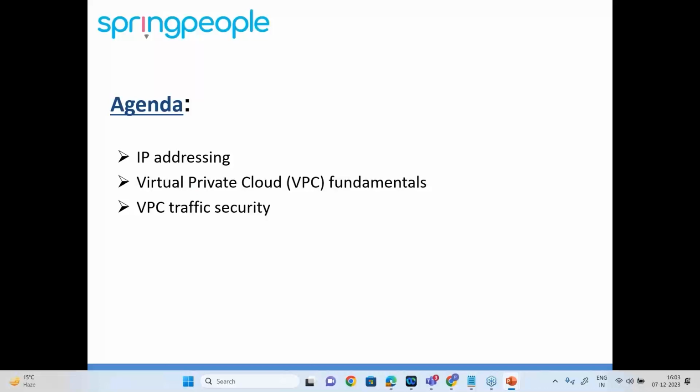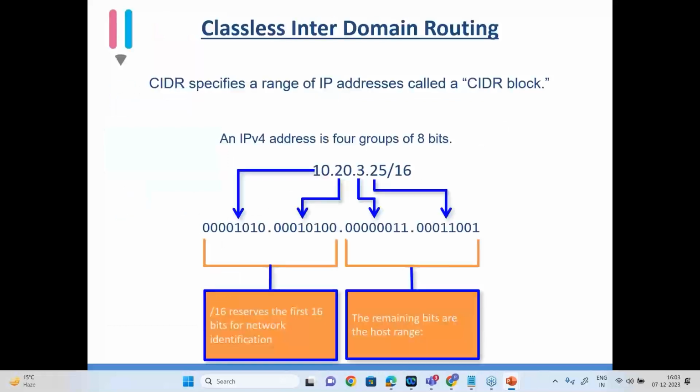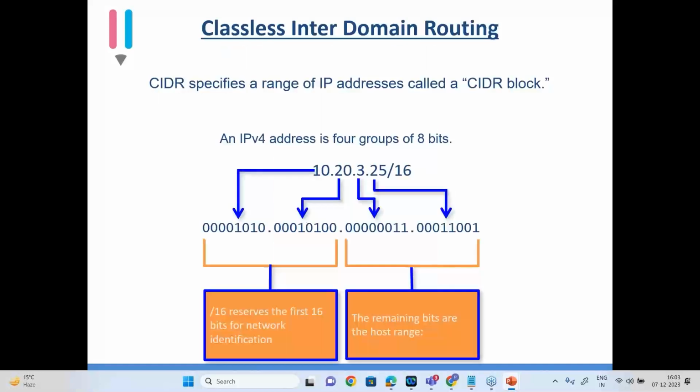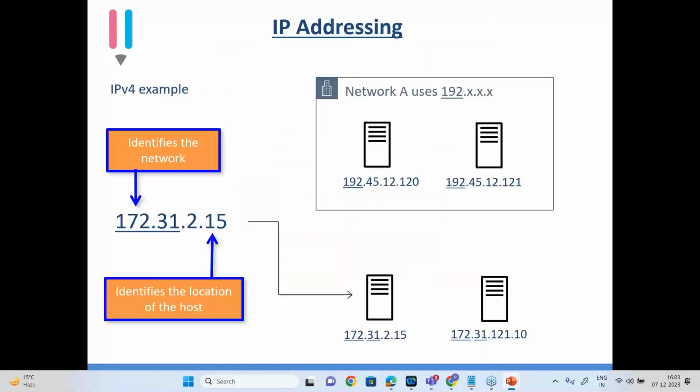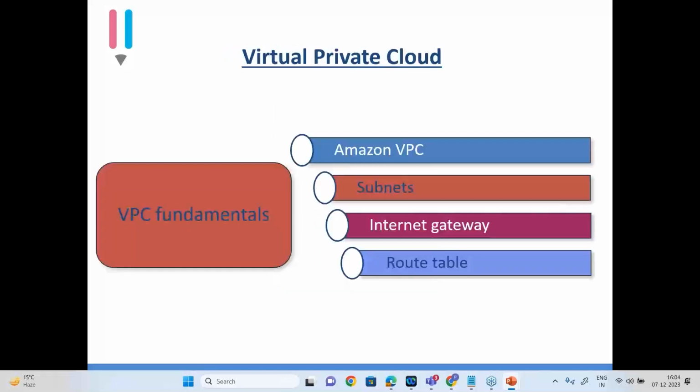Fine. So keeping all these three topics in mind, I have a lot of content in front of me, which you can see. I'm scrolling through the slides so that you can see what I'm going to cover. I'll be talking on CIDR, classless inter-domain routing, on IP addressing, and on CIDR supported by AWS in VPC.